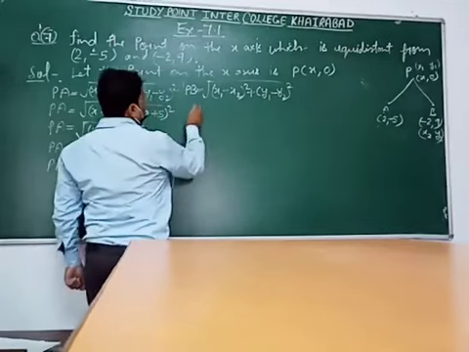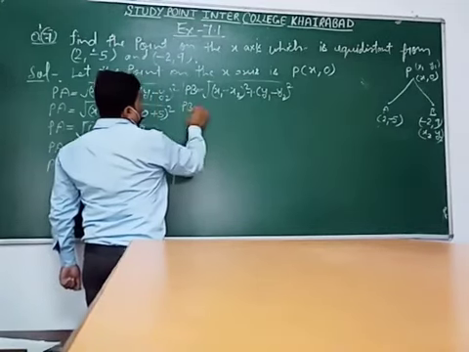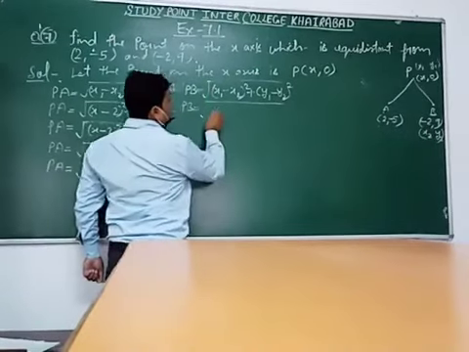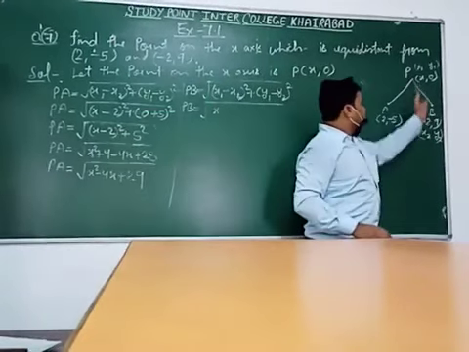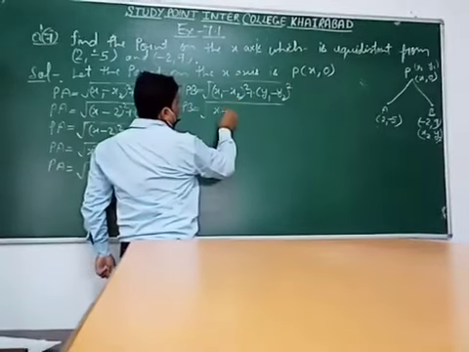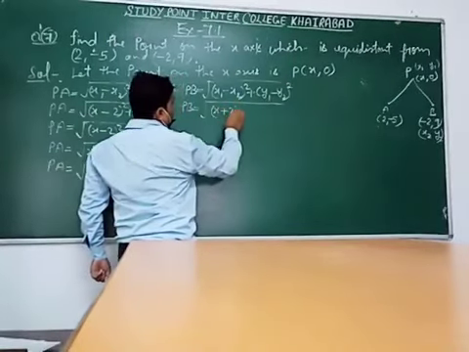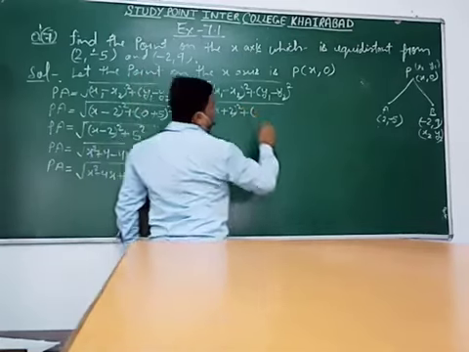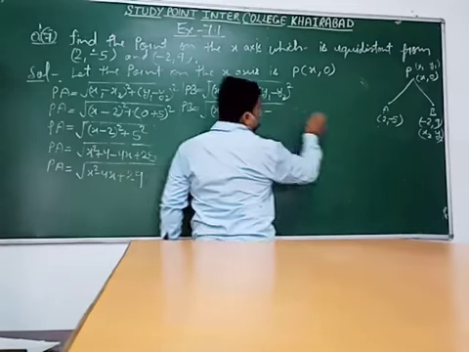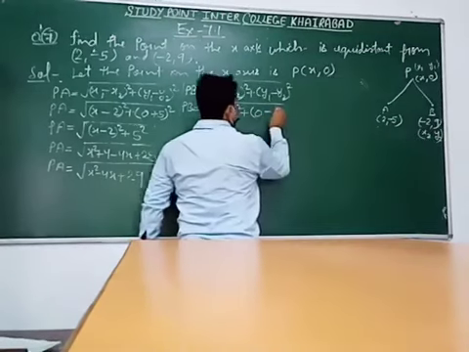Here x1 is x and x2 is minus 2, but since it is minus also, it will be plus. y1 is 0 minus y2 which is 9.